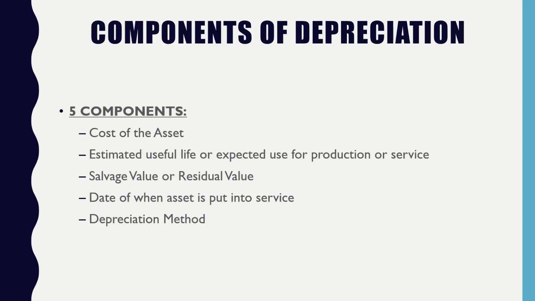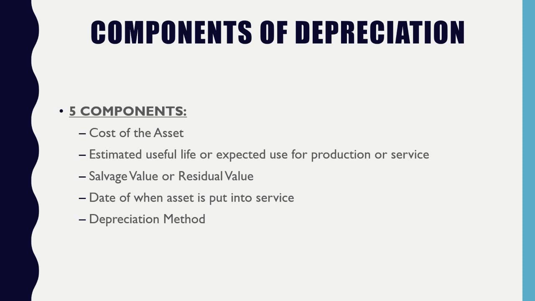All right, so let's talk about the components of depreciation. There are 5 key components that you must be aware of in order to calculate and do depreciation. Number 1, you need to determine the cost of the asset. Number 2, you need to determine the estimated useful life or the expected use for production. We'll talk about what that is.